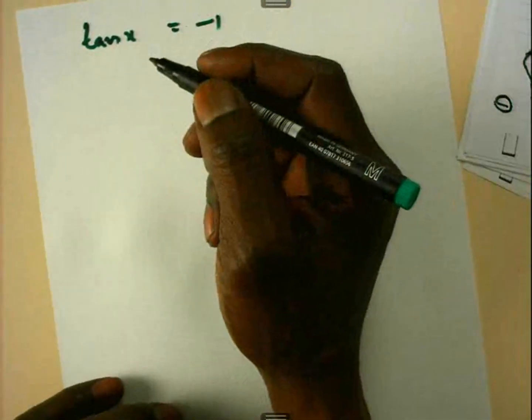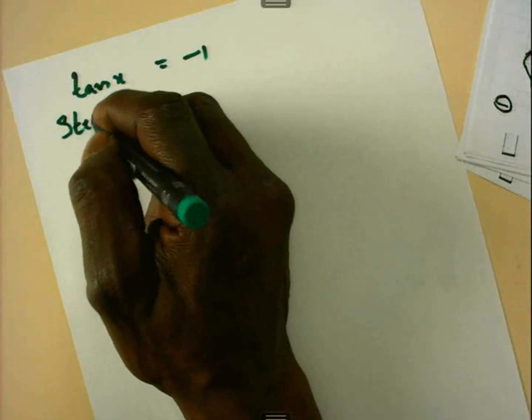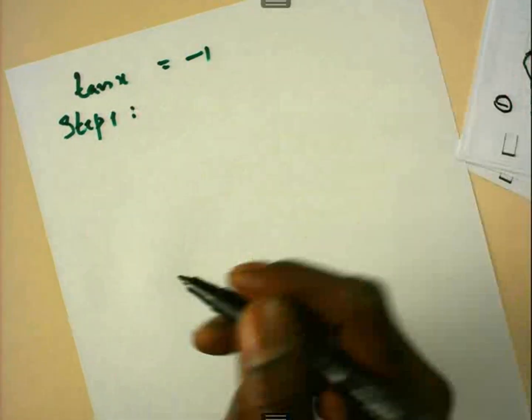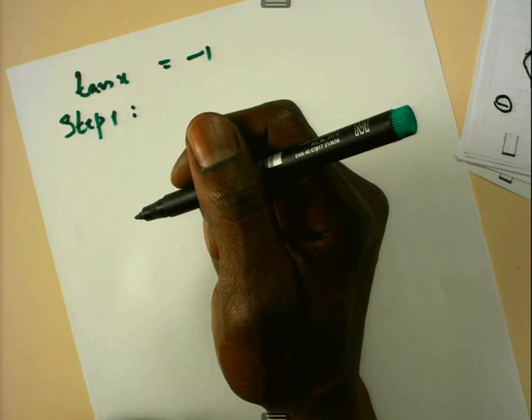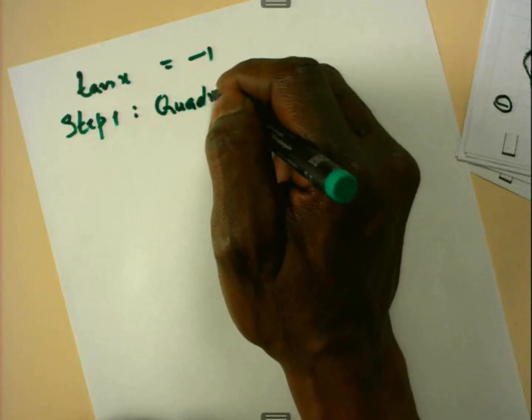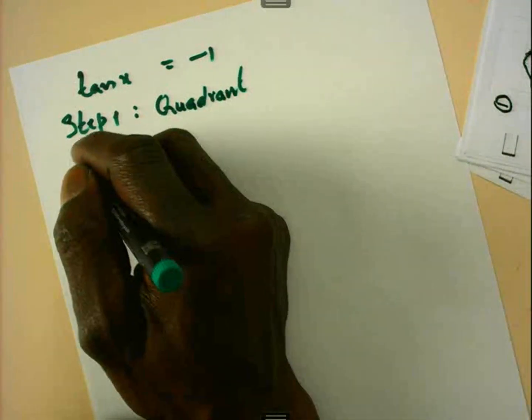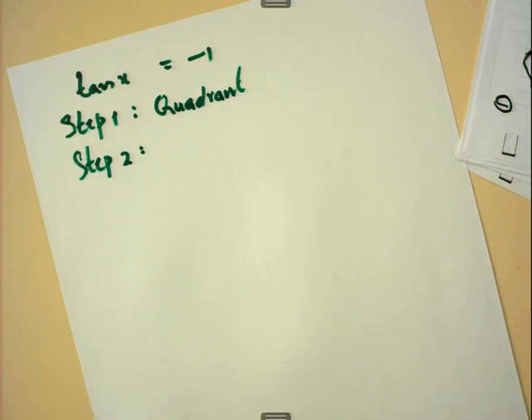We just follow the steps that we have been following all along. Step 1, can you remind me about step 1? Yes, identify the quadrant. You should be familiar with the steps now. Let's identify the quadrant.